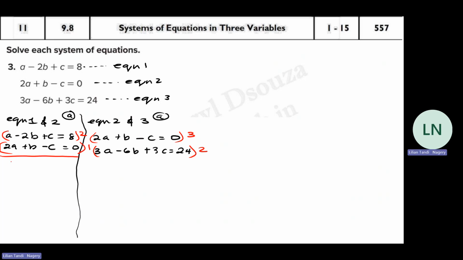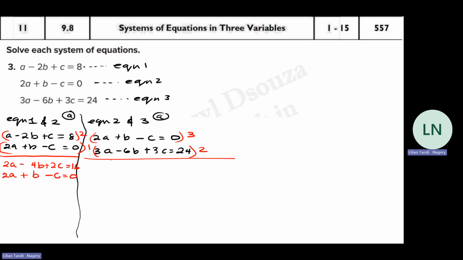My new equation will be 2A minus 4B plus 2C equals 16. And then I will have the same equation because I'm just multiplying by 1.